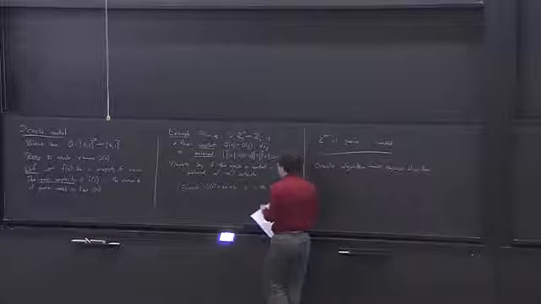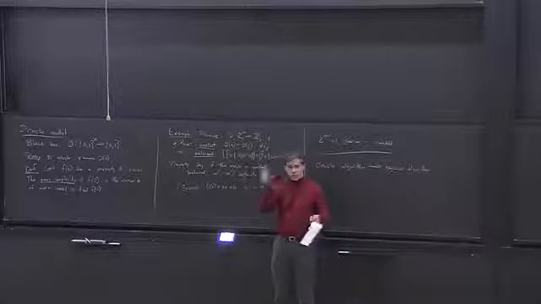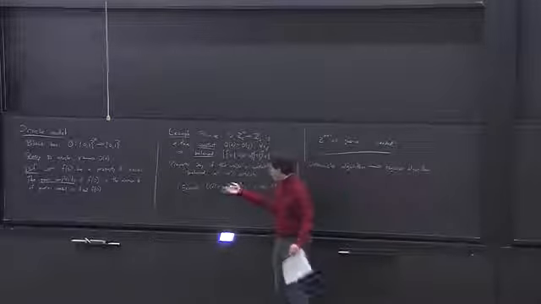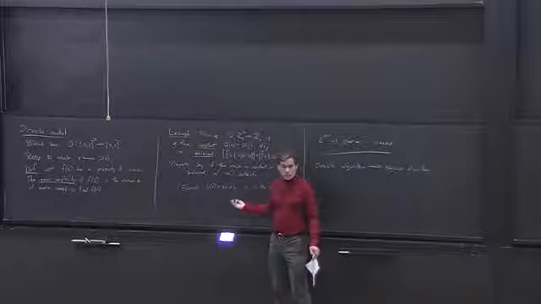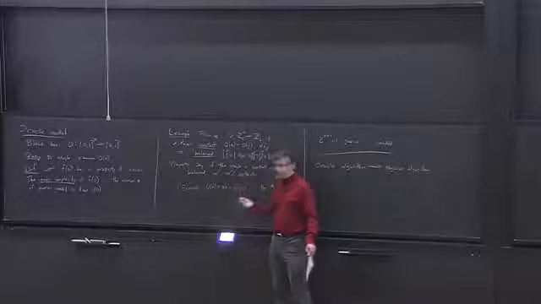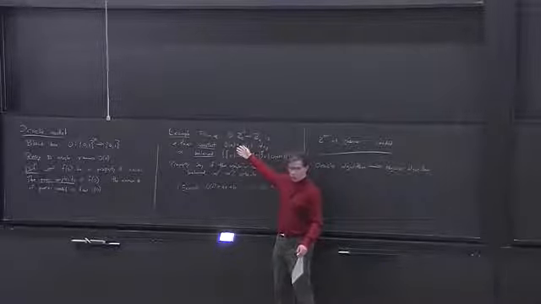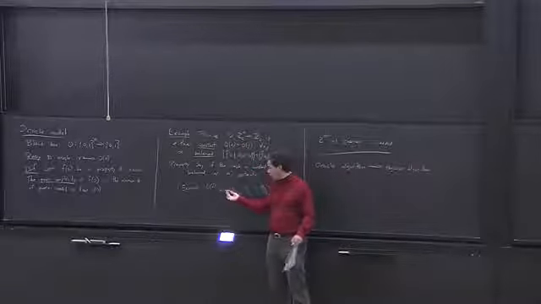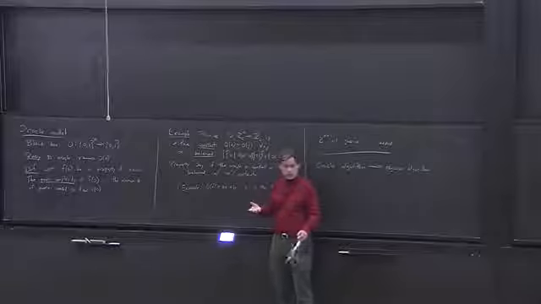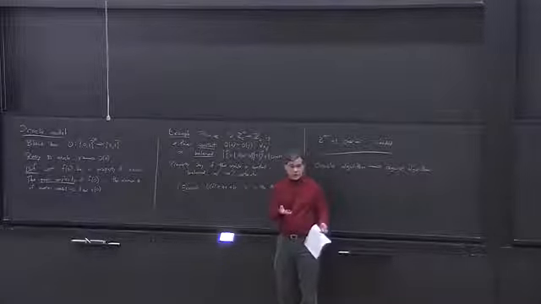Okay, and maybe this is calculated through some more complicated circuit, and we don't really know the details. But we know from the structure of the circuit that somehow it's going to come out to be of this form. And maybe we don't know a, b, or i, but we know it's going to be of this form. Okay, so what we could do then is if we have an algorithm that solves this oracle problem, every time we're making a call to the oracle, we plug in that circuit that calculates this, and then just run the oracle algorithm otherwise unchanged, right?